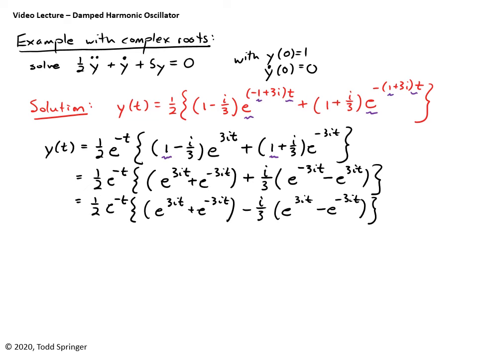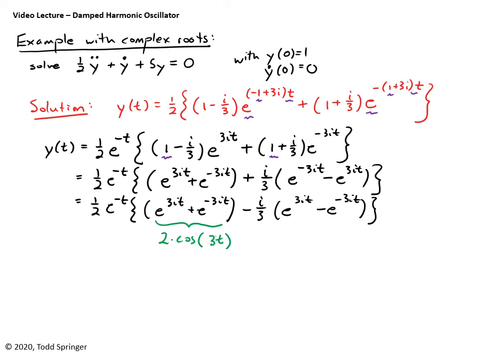Why did I bother writing it like that? Because I know that if I see e to the ix plus e to the minus ix, this is 2 times the cosine of whatever's in the exponent, 3t, without the i.